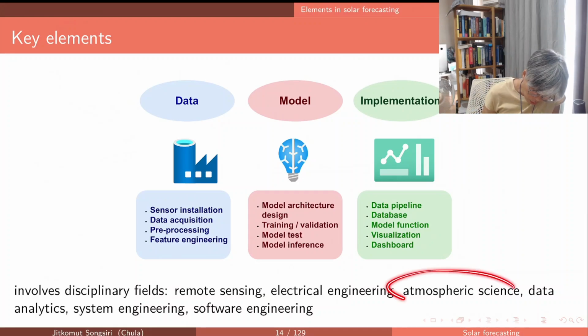It also involves atmospheric science, because, as I mentioned previously, common input variables are from the weather. So the weather condition that varies a lot is the thing that makes renewable energy variable, unpredictable, and gives us a challenge to develop the forecast model.